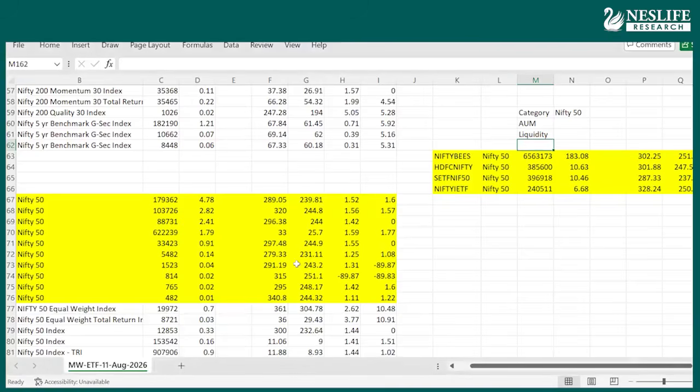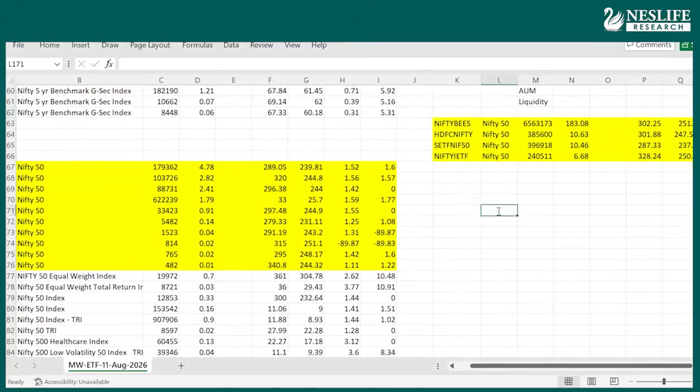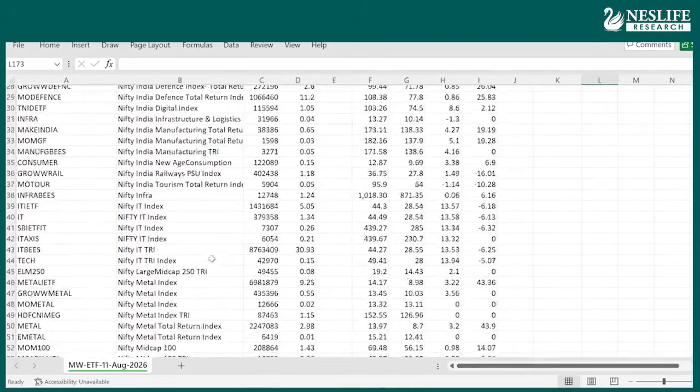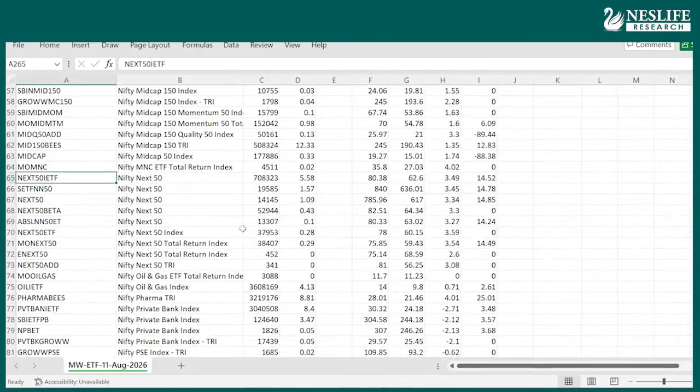Now, since there are 400 ETFs, you really don't need all of them, because what you need in equity is one large cap, and it is very easy. Nifty 50, you find large cap. Another, you can go to Next 50. So this is another index which invests into the large cap.